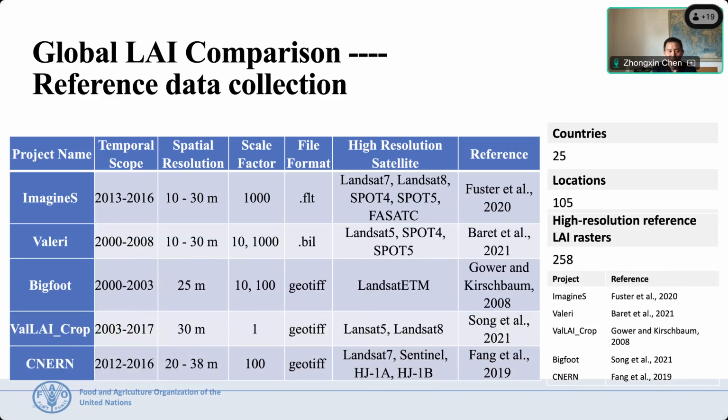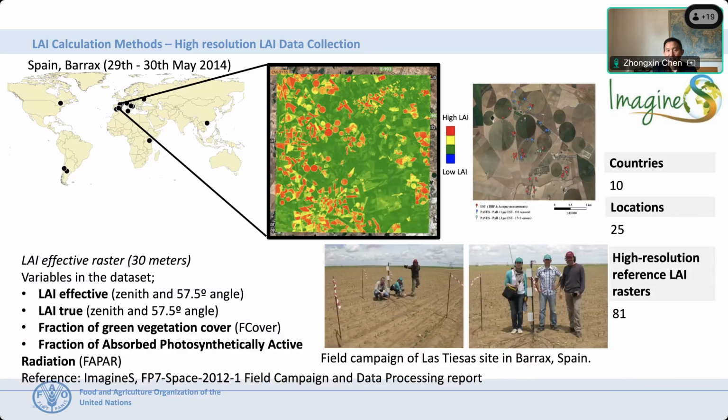We just collect some of them, including ImagingEyes, Malaria, Bigfoot, WildLAI crop and CERN. They cover different regions and different time frames. So this one just shows an example of what the data look like.